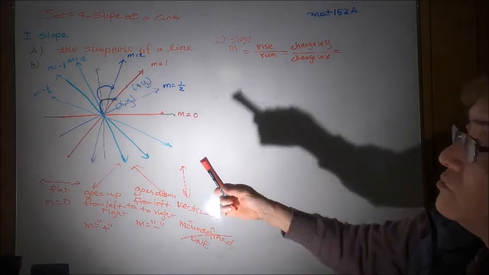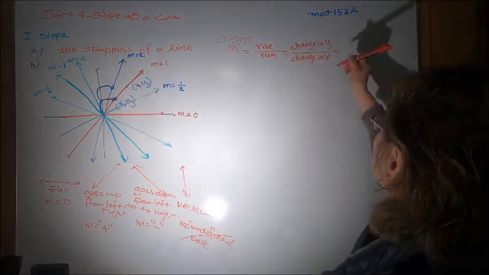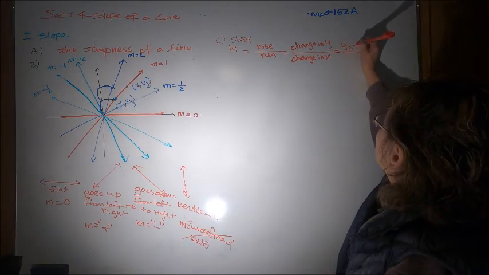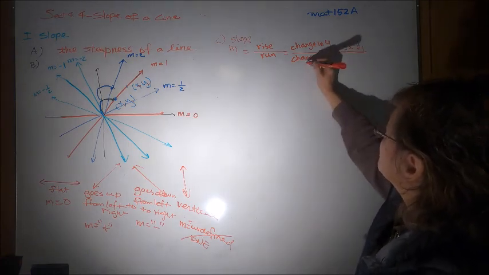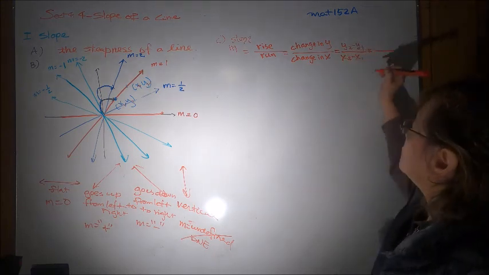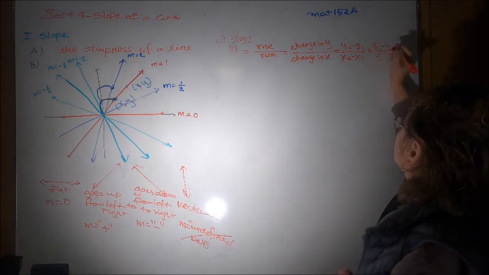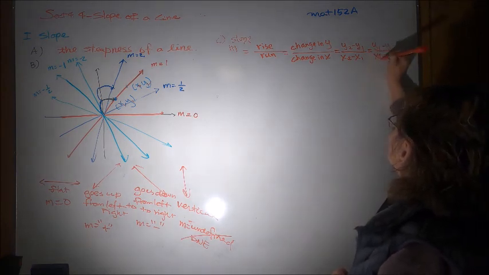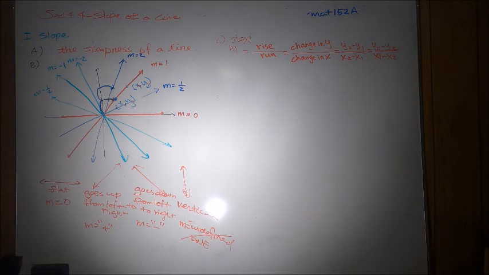So the rise would be the difference between the y's. So you will do y2 minus y1 compared to the change in x, which is x2 minus x1. Or we can write it as y1 minus y2 over x1 minus x2. They are the same. We will see some examples of those. Okay?